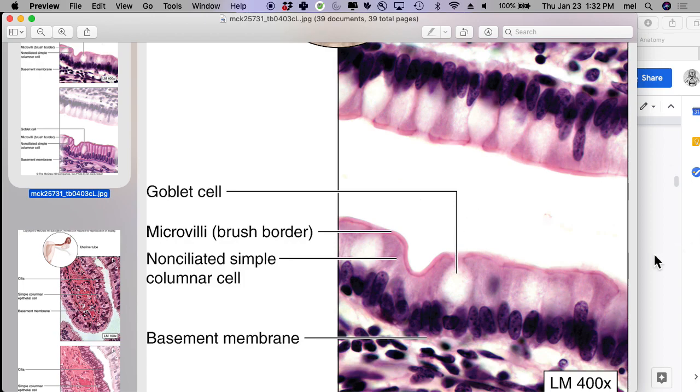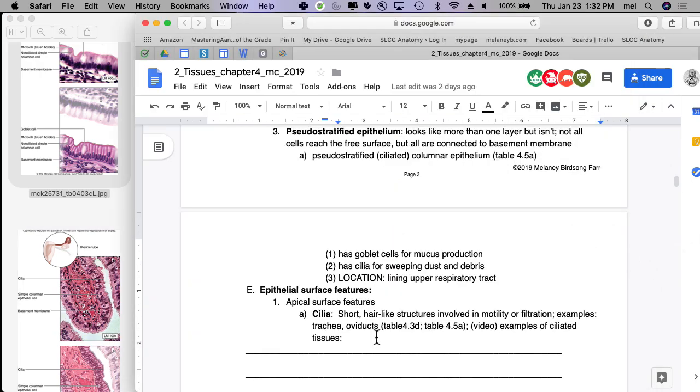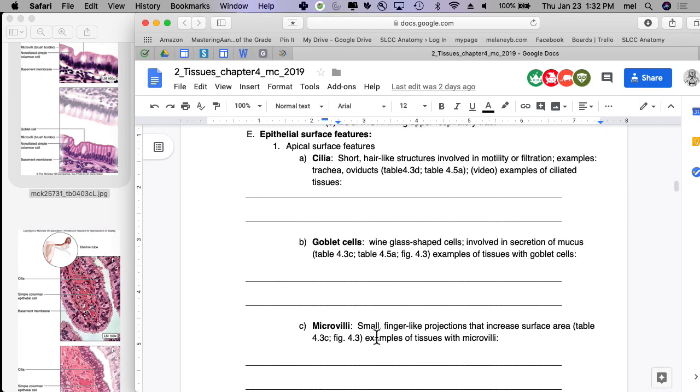Okay, so now let's make sure that you can figure out a couple of different things. When you see cilia, you think structure-function relationship, but you also use it as an indicator. Because if you see distinct cilia, you don't have 12 tissues to choose from, you only have 2, correct? And what are the 2 tissues in which you run into cilia? Ciliated pseudostratified columnar epithelium and ciliated simple columnar epithelium.